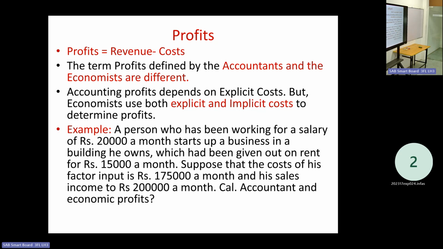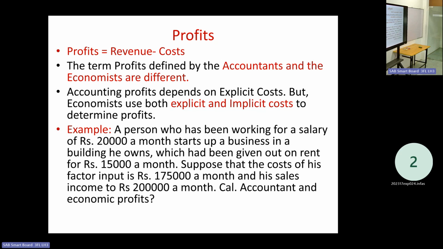And if you go to the economic profit, we take 200,000 minus the cost of sales 175,000. Then you deduct other expenses, that means the implicit cost.